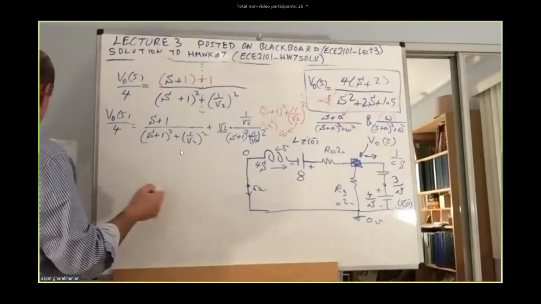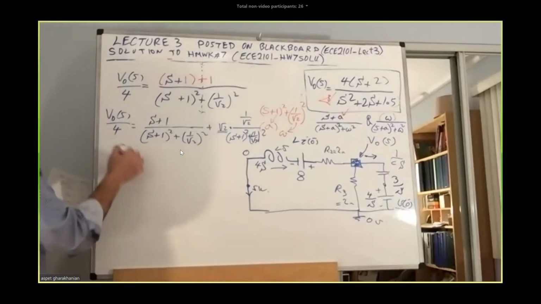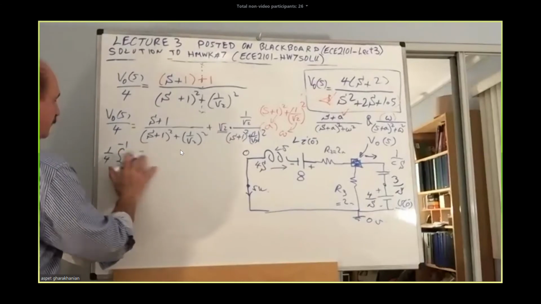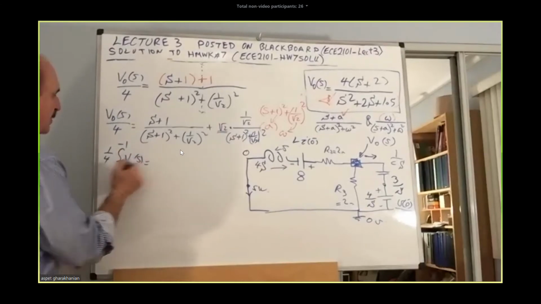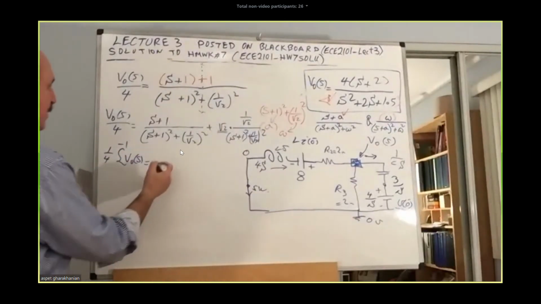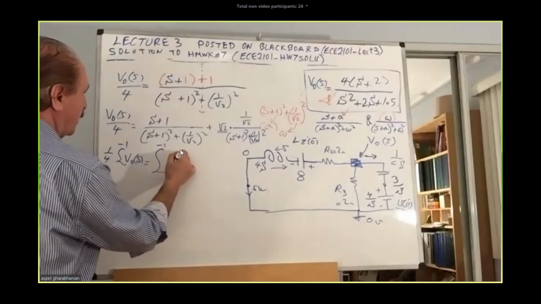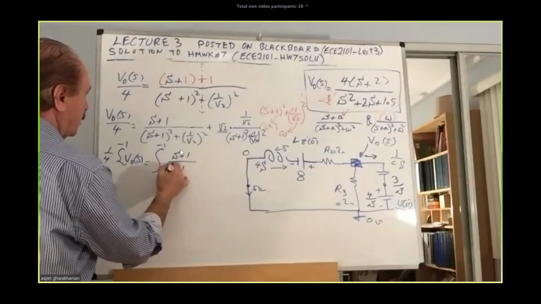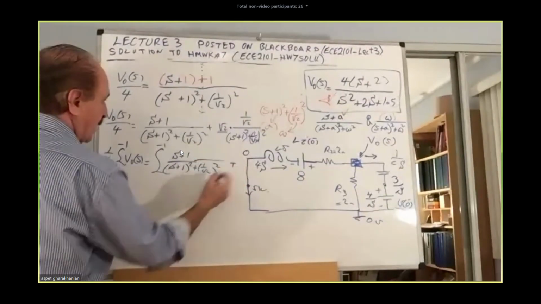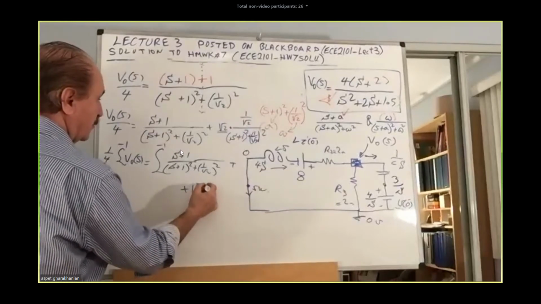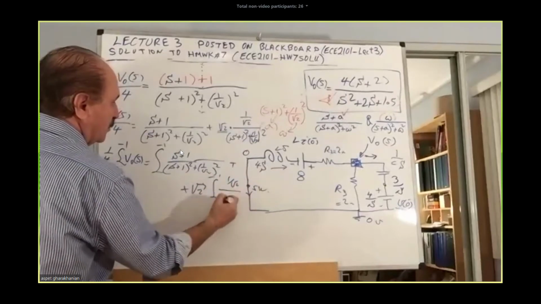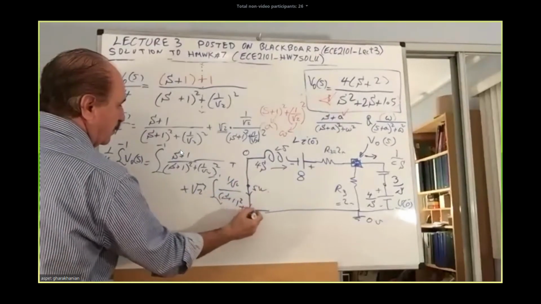One by one, start inverse transform. So this will be 1/4 inverse transform of V0 of s. It comes handy, this notation. L to the minus 1, inverse transform of V of s, then inverse transform of s plus 1 over s plus 1 squared plus 1 upon radical 2 squared, and then added to radical 2, that's a multiplier, inverse transform of 1 upon radical 2 over s plus 1 squared plus 1 upon radical 2 squared.